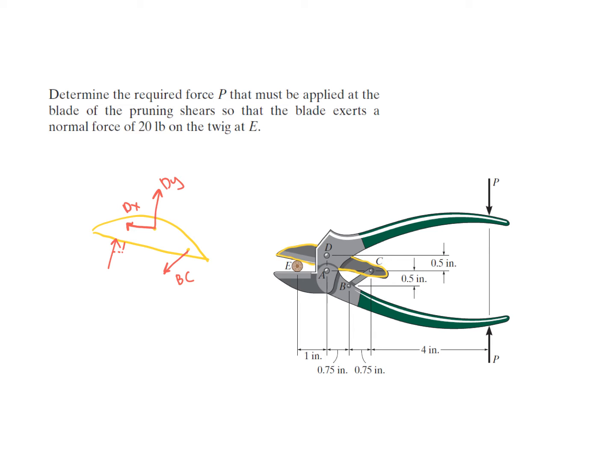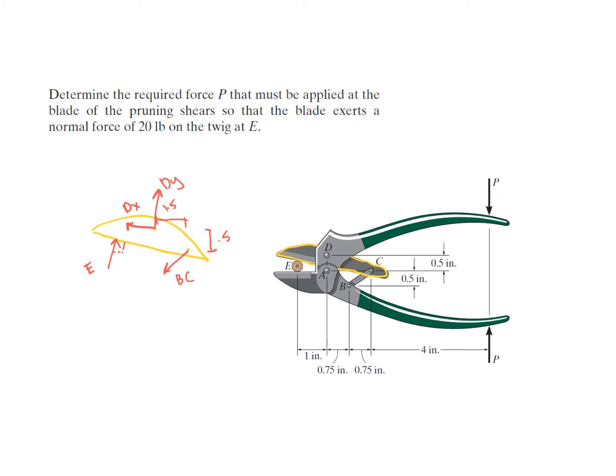It's not going to be in the y direction in this case, because this surface is on an angle, and so the normal has to be on an angle as well. So the problem here is that now when I go to try to find the distances that I need, I do know from D to C here that that's 0.5. From D to C this way is 1.5.